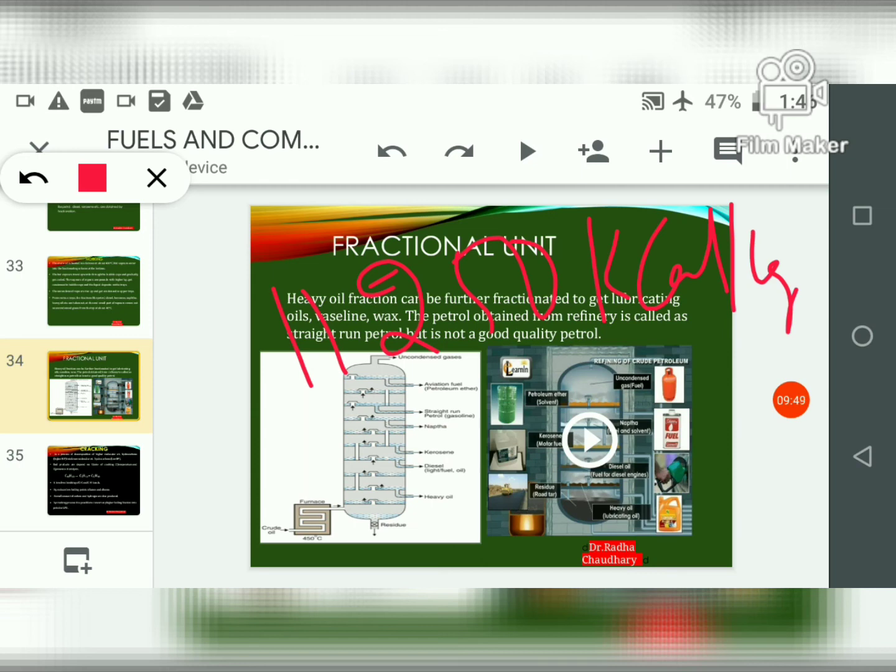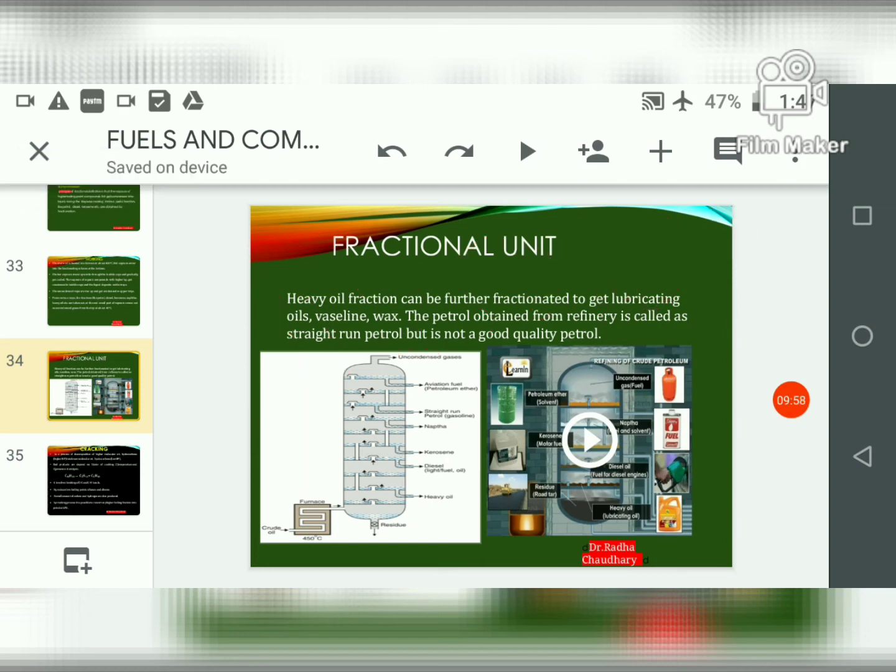It is a highly volatile, inflammable liquid fuel. It is used in automobiles for the internal combustion engine.